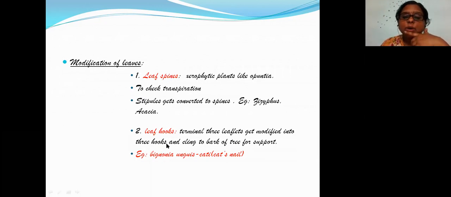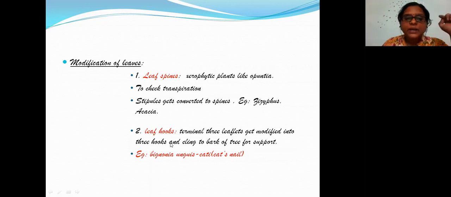Then you have leaf hooks. This is the diagram I wanted to show you. They will have 3 leaflets, which get modified into 3 hooks. It will be like this, a hook, and they are for support. These leaves modify themselves into hooks to get support, as in the stem we have tendrils, which coil themselves to get support.